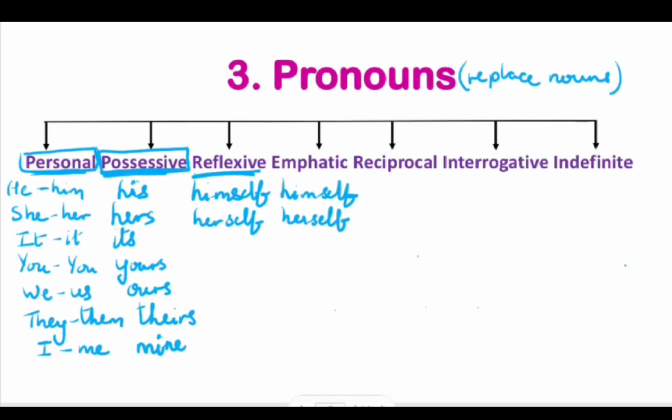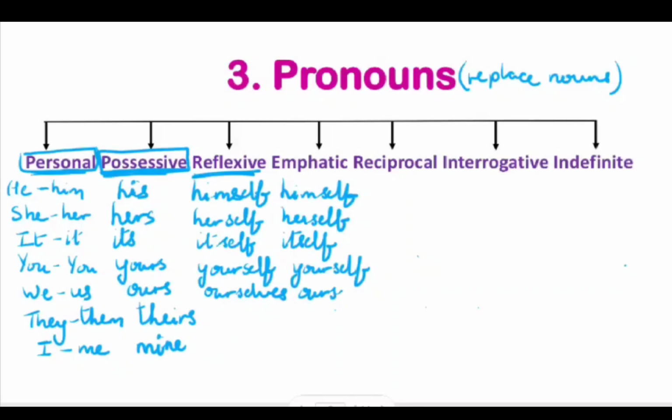So everywhere you add self or selves, depending on whether it's singular or plural.